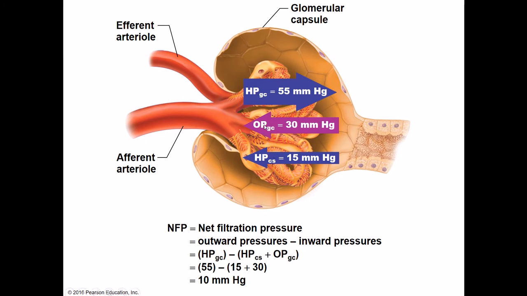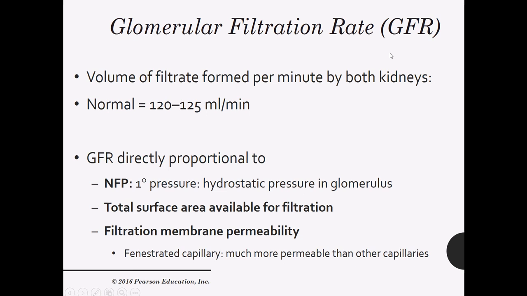And if we sum our inward forces and subtract them from our outward force, we get a net positive filtration. So filtration is happening. That is what you want your glomerulus to be doing, filtration all the time. The rate at which that happens is known as the GFR, or the glomerular filtration rate.